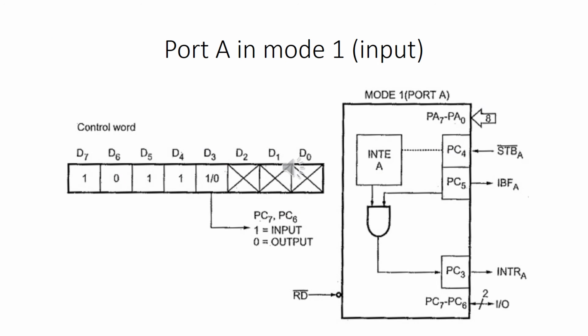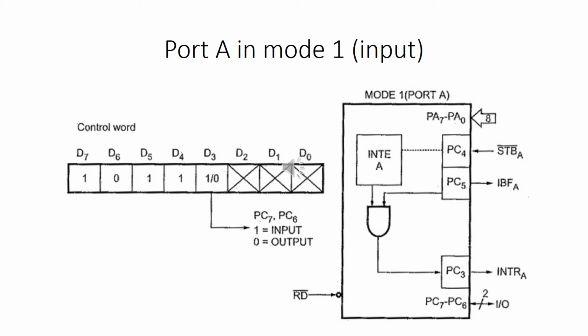in the remaining slides. We can see how the ports work in mode 1, different modes, input and output devices. Just look at these diagrams. The control word is stored in the data pins, that is D0 to D7. Out of them, D0, D1, D2 are not used.